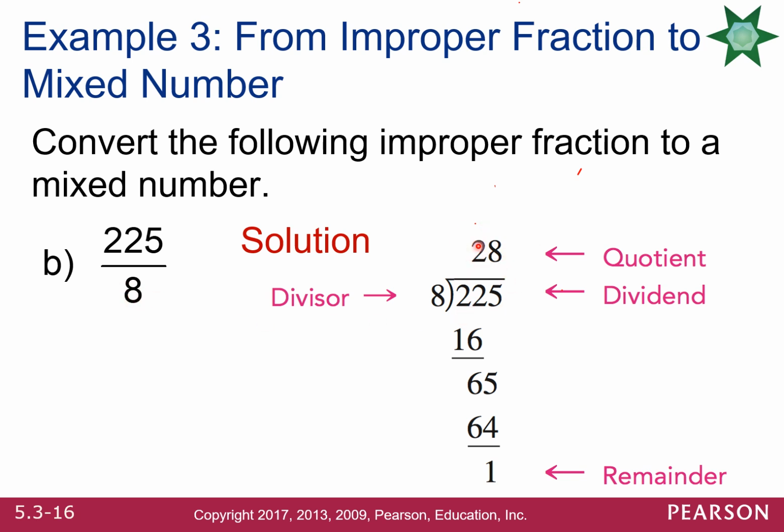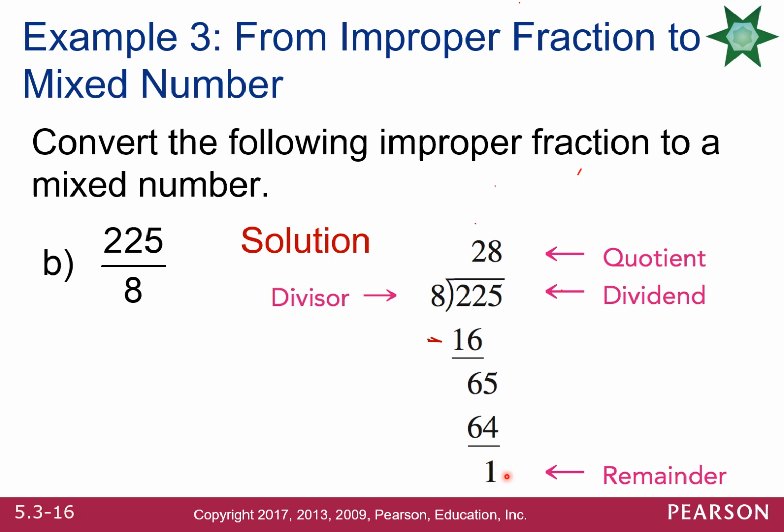And 8 times 2 is 16. So they have the 16 here. They subtract. This is a subtraction here. So 22 minus 16 is 6. Bring down the 5. And then 8 times 8 is 64. And they have a remainder of 1.